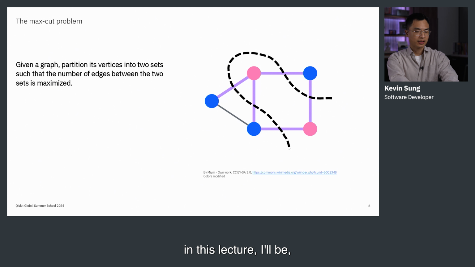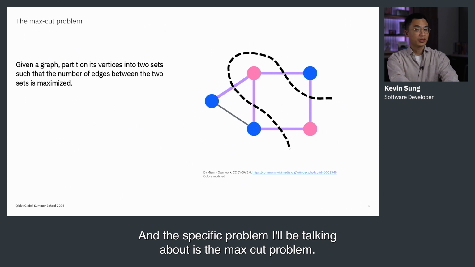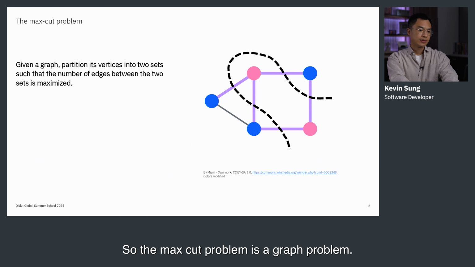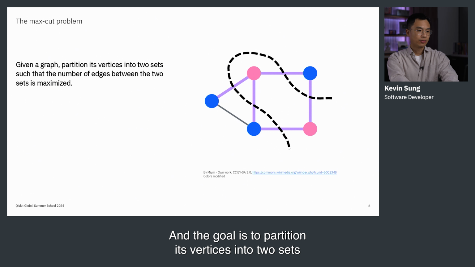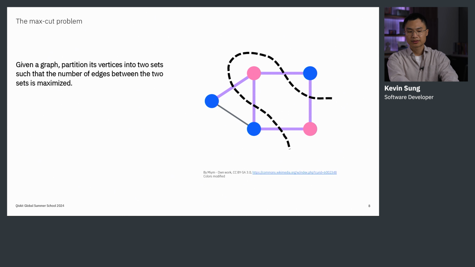In this lecture, I'll be giving an example of a specific problem that we will map to qubits. The specific problem I'll be talking about is the max cut problem. The max cut problem is a graph problem. We're given a graph, and the goal is to partition its vertices into two sets such that the number of edges between the two sets is maximized.